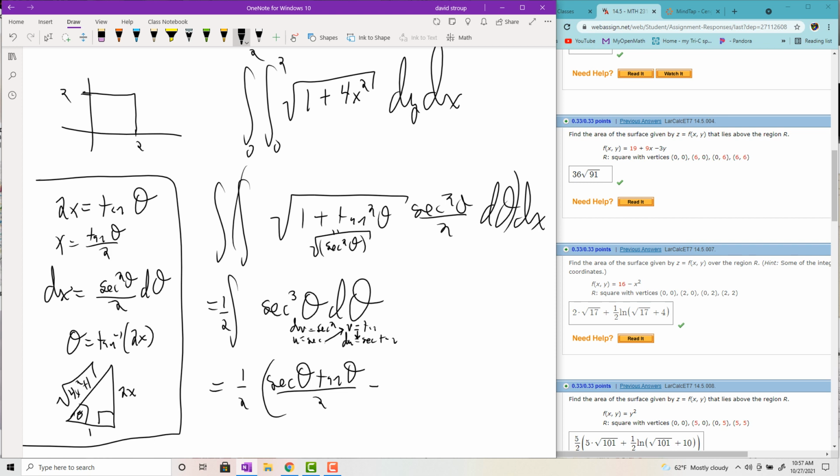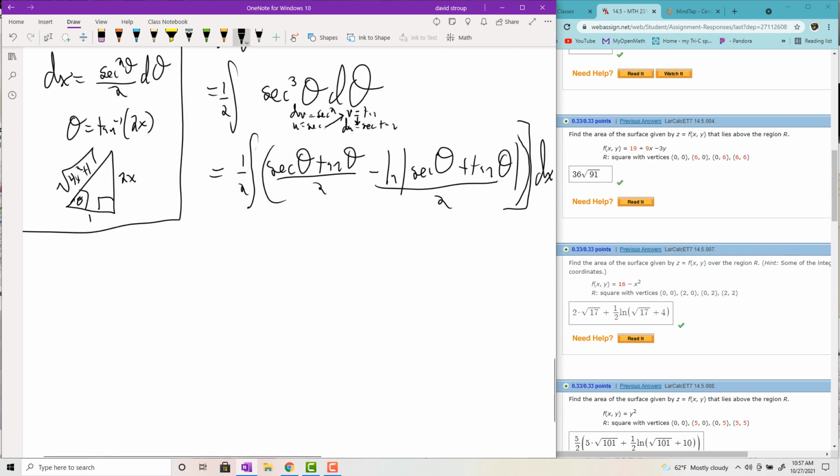I bet it's minus. So minus ln absolute value of secant theta plus tan theta. You could always look that up in the tables in the book, or just use a calculator to get it. And I'm still integrating this guy with respect to x after I get done with this junk.